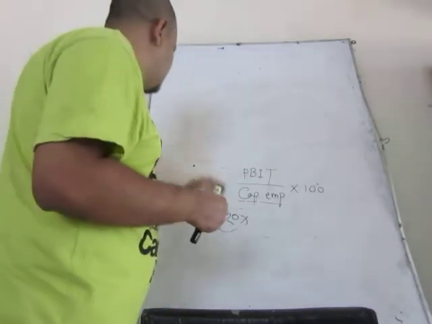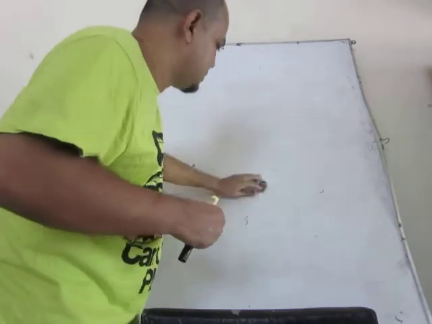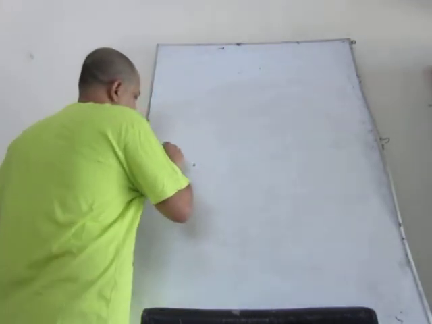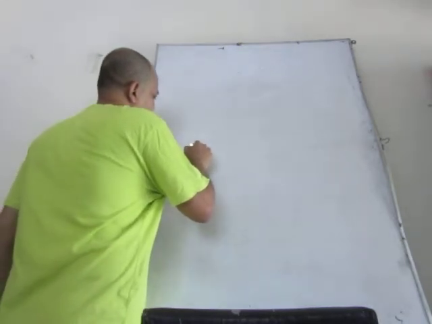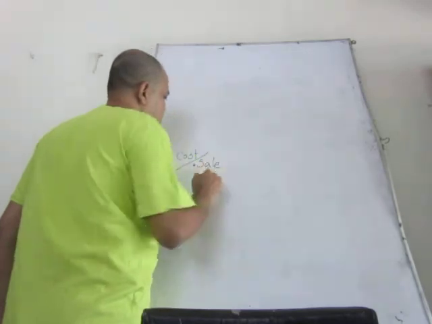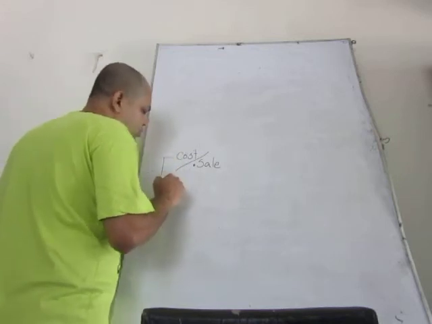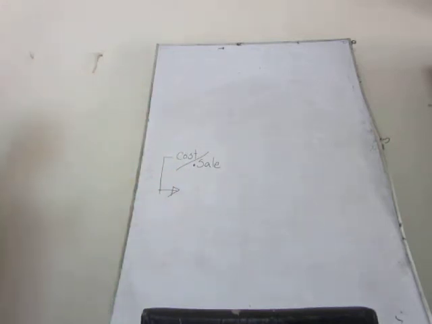Then, according to your view, earning per share and cost to sales ratios. See, another thing is the cost to sales ratio. You can go for calculating different types of cost, right?